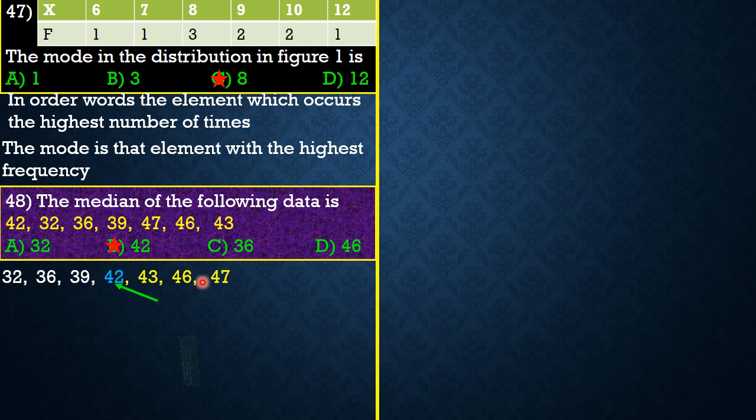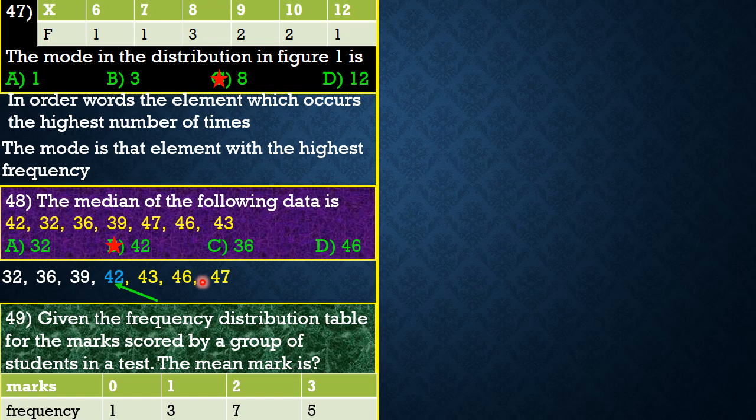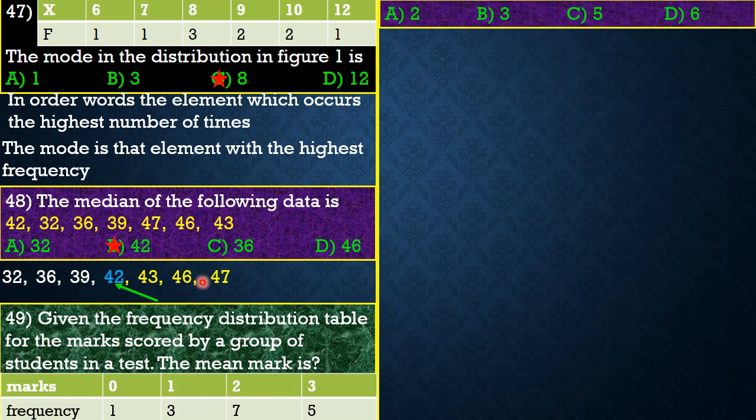Now guys, question 49, as you can see on screen, reads that given the frequency distribution table for marks scored by a group of students in a test, the mean mark is... Notice that the mean mark is simply given as sigma fx over sigma f. Our sigma fx is gotten by multiplying each score by its frequency, then adding.